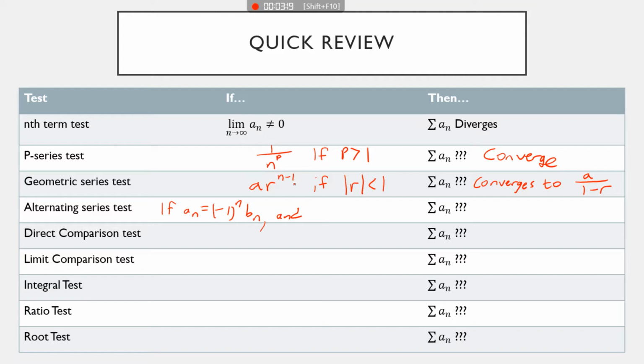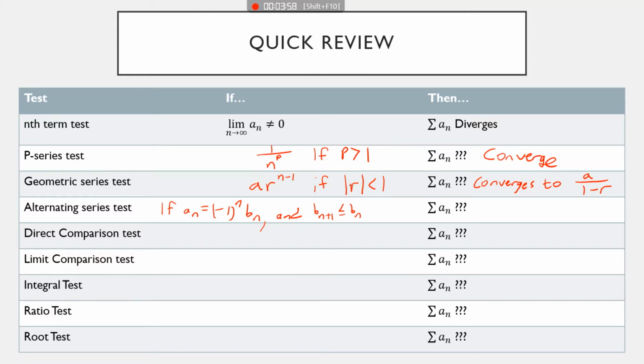And okay, what would have to be true about b to the n? If b to the n is less than b to the n plus 1, I think. I think it's going to be the opposite of that. So if our next term is less than our previous terms, that means we're decreasing. Yeah. Then it converges. Okay, it has to be decreasing.